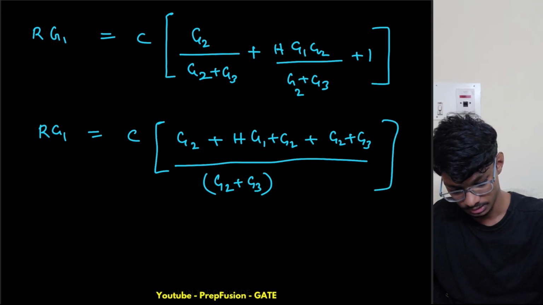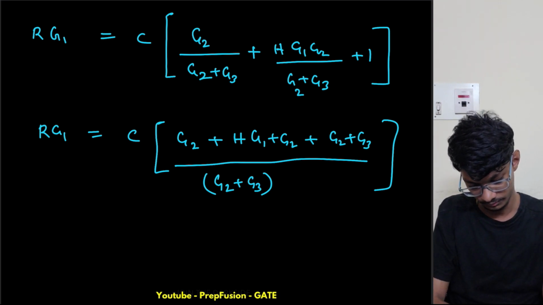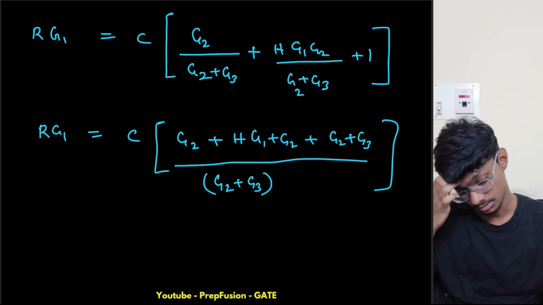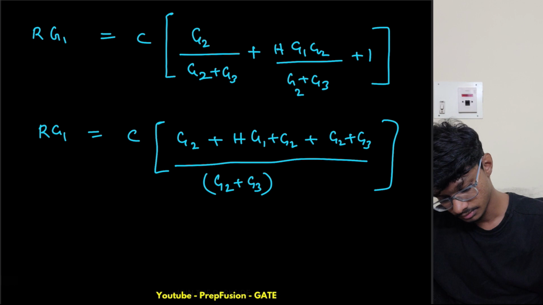Okay, something I have done wrong here. What have I done wrong? Let me check and then come back. Okay, this g2, yeah, this becomes only 1, right? Here we don't have g2 anymore, we have only 1.